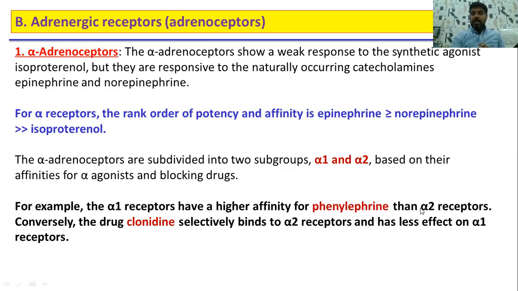However, for binding of clonidine with alpha 2 receptor, the affinity of clonidine to alpha 2 receptor is much higher than to alpha 1 receptor. And again, I can imagine what will be going on when clonidine binds to alpha 2 receptor.